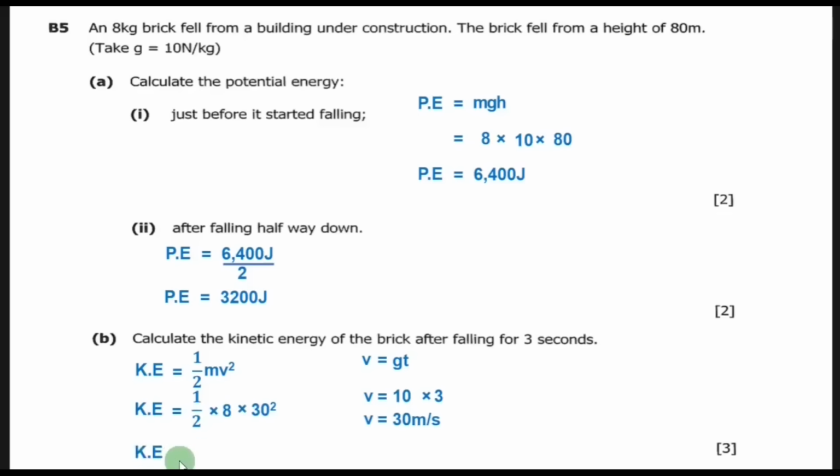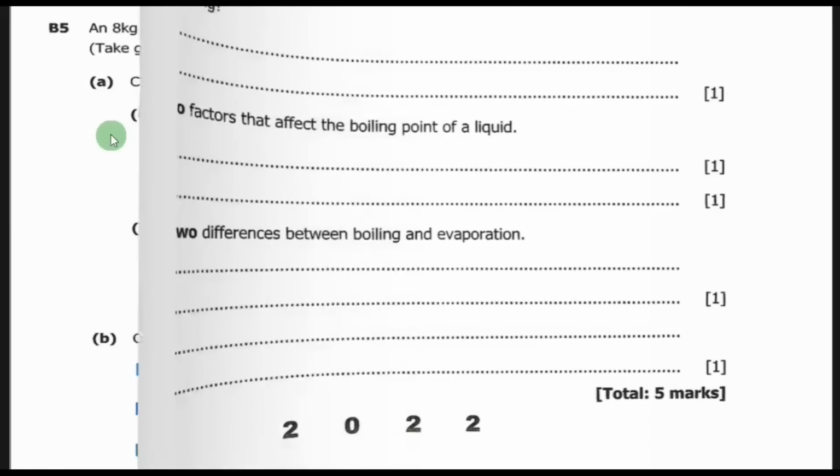Then kinetic energy is going to be equal to 3,600 joules. All right, 3,600 joules. Now, does it make sense? Yes, it makes sense. So let's go to another question.